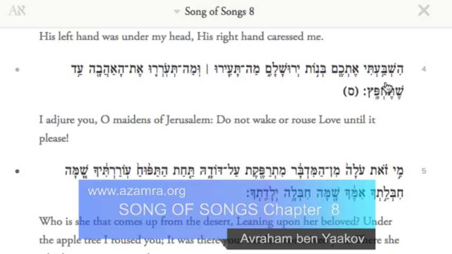Here simply, Hishbati Eschem b'not Yerushalayim, I adjure you, daughters of Jerusalem, ma to'iru, why should you stir up, why should you arouse the love until there will be the chefetz, the desire, the pleasure of the love between the Holy One and Israel to be stirred by itself. In other words, when God will of his own accord return to Israel.